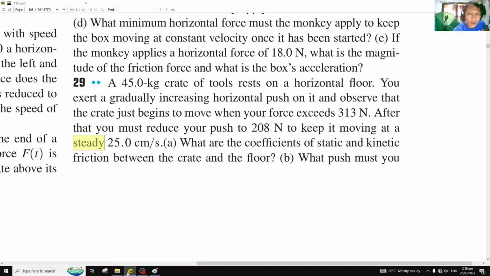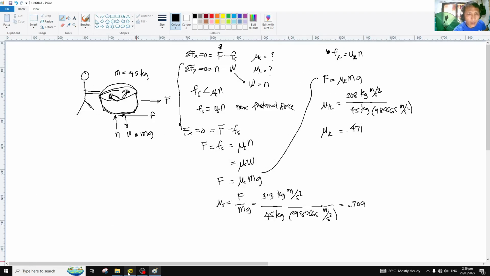Okay? So, where are the coefficients of static and kinetic friction? So that is for your letter A. There are two that are being asked, static and kinetic. Okay? I'll just continue so that it would not be too long. Thank you guys for listening.